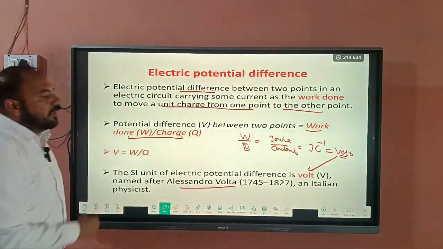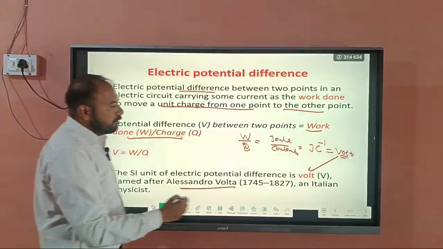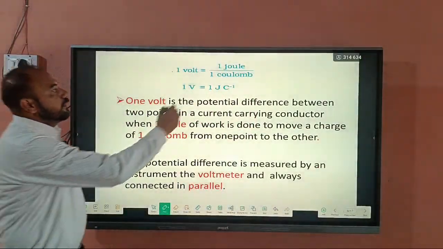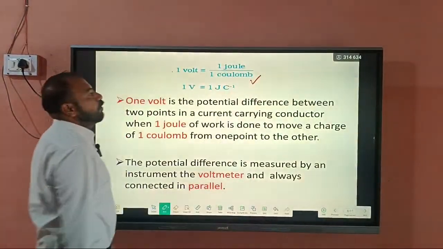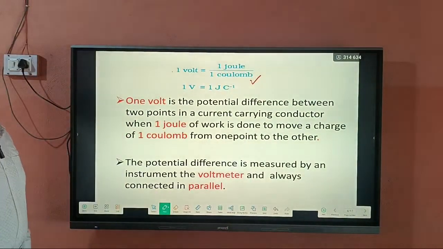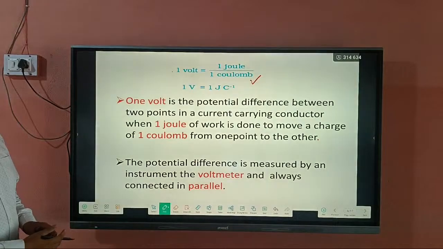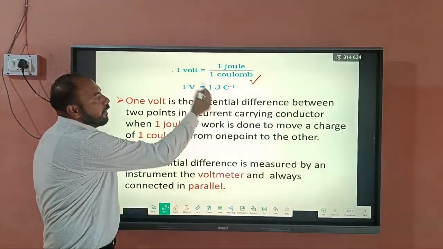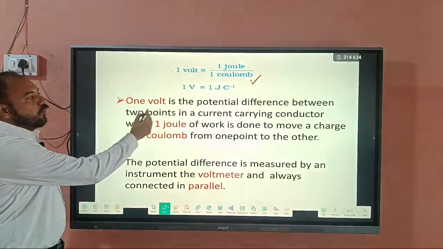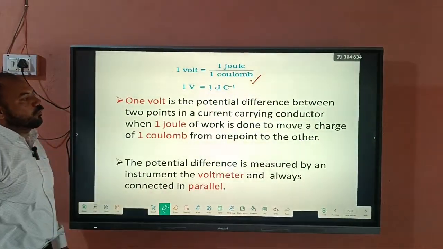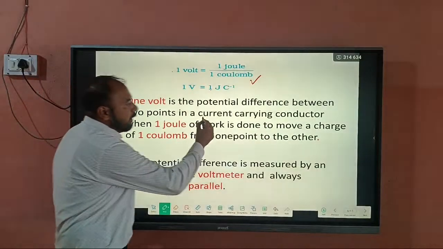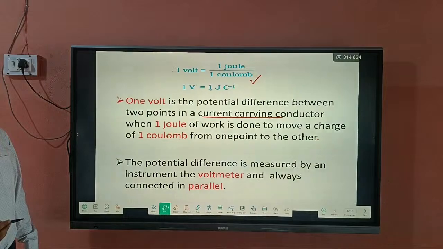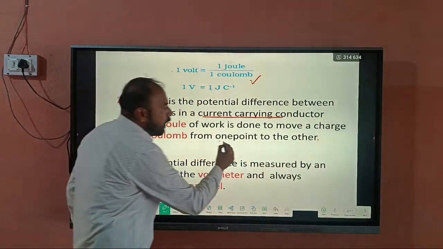We already discussed that 1 volt is equal to 1 joule per coulomb. So 1 volt is the potential difference between two points in a current carrying conductor when 1 joule of work is done to move a charge of 1 coulomb from one point to another.